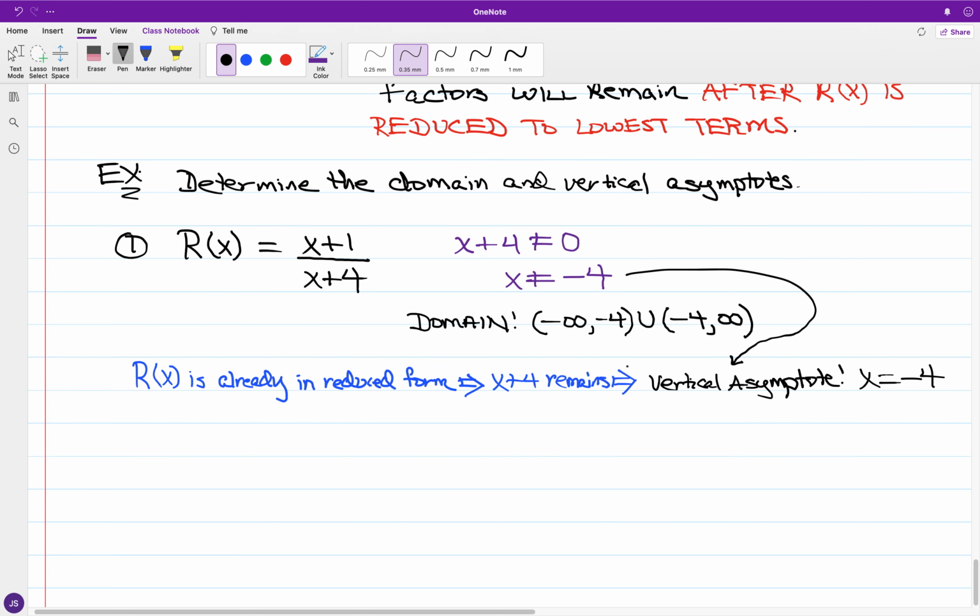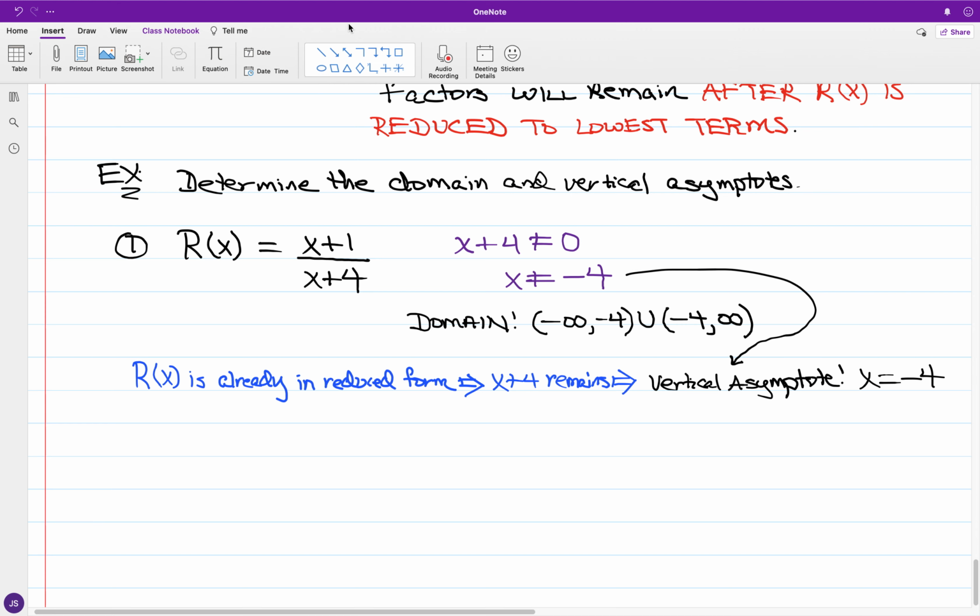So the domain is exclusive of negative 4, but that exclusion, because we have the denominator expression to remain, since r of x is already in simplest terms, that exclusion is going to be our vertical asymptote.